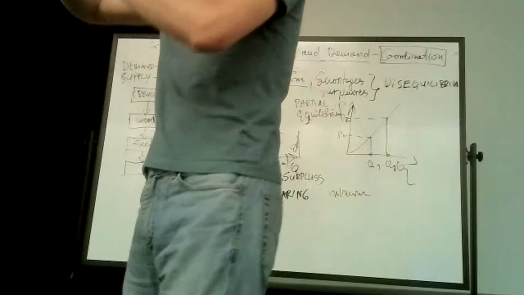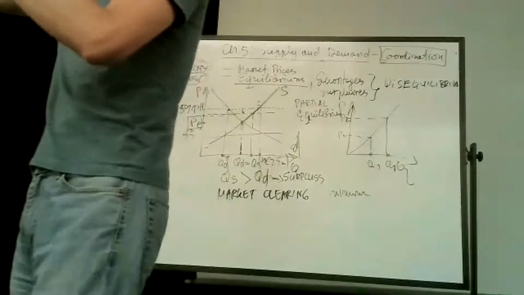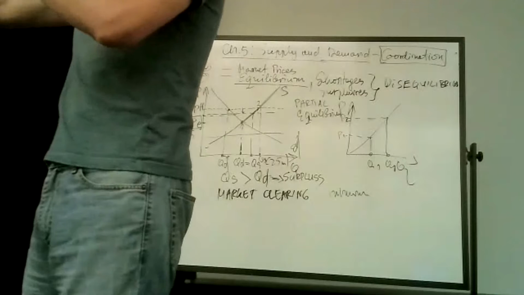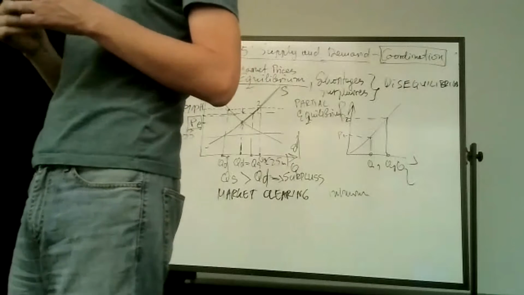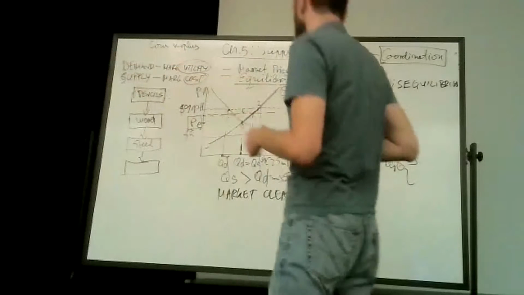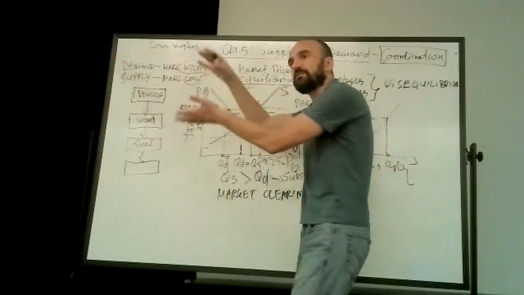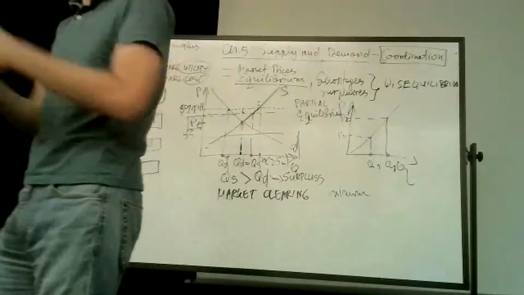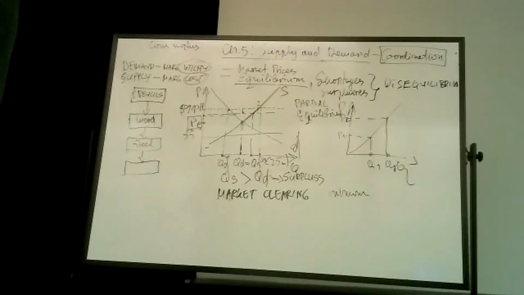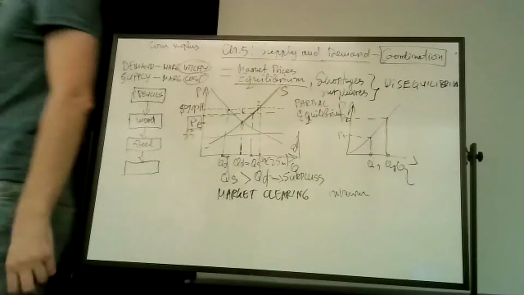We disregard, for example, how the production of chocolate cakes affects production of ice cream and other things that are connected. So we just look at the supply and demand for one product or one isolated segment of the market.